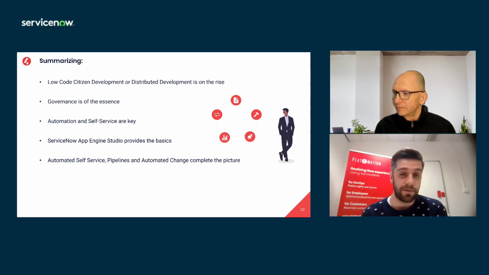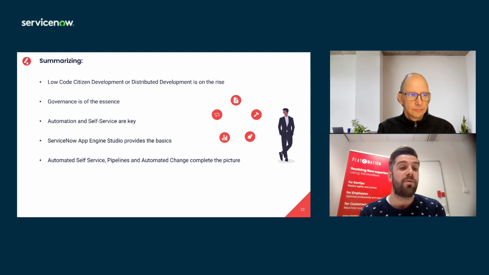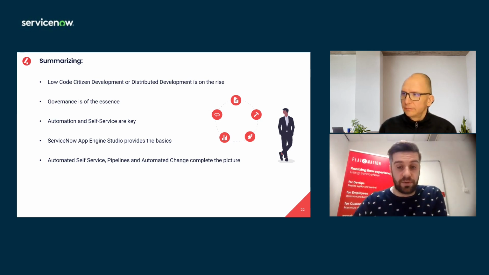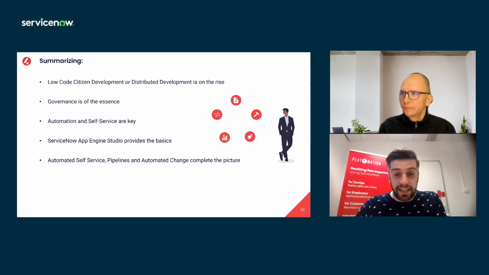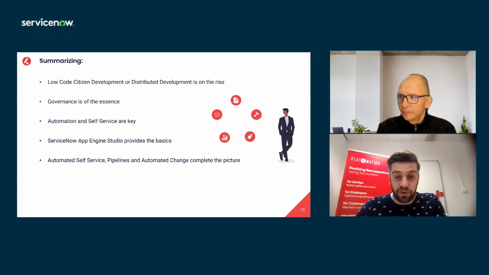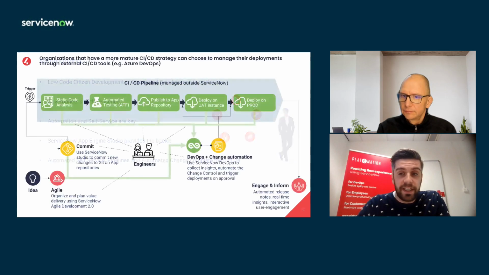And to make that governance a little bit easier and better, it's good to use automation and self-service to help support that governance process. Of course, App Engine Studio already provides the basics to allow you to do all those things. And what we've added now in this demo is the automated self-service to request a new app, and the automated integration to change control to automatically create the change and attach all the evidence. So that's what we've been looking at so far.